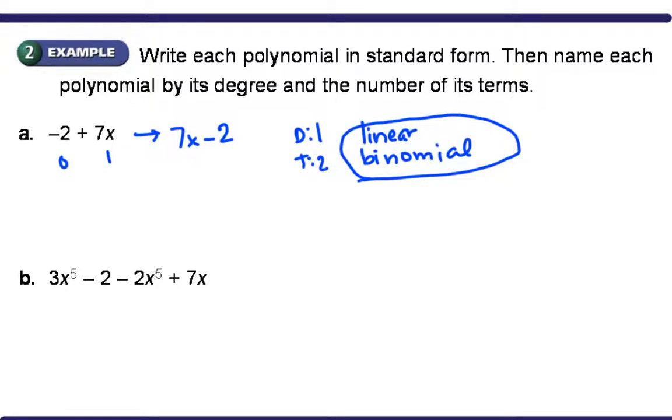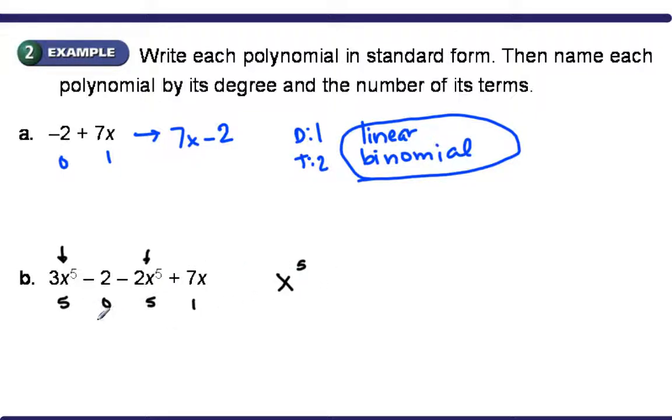Looking at B down here, 3x to the 5th is degree 5, minus 2 is degree 0, 2x to the 5th is degree 5, and 7x is degree 1. Well, I need to do something about these two because they are like terms, right? They both have x to the 5th. So 3x to the 5th minus 2x to the 5th is just going to be 1x to the 5th.